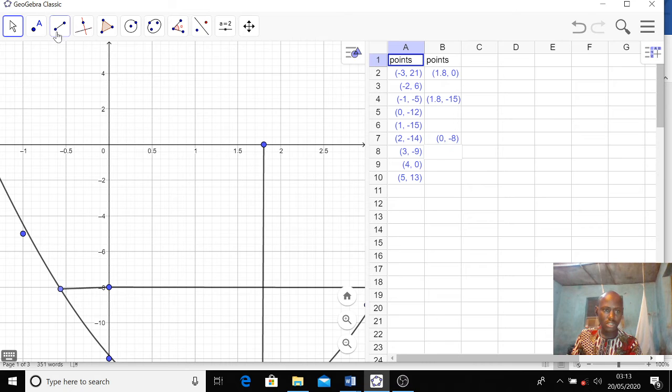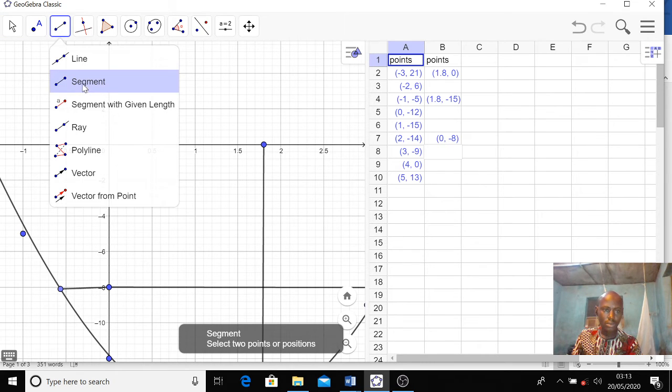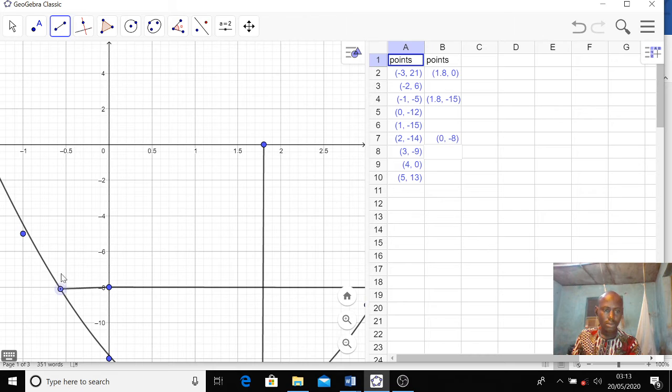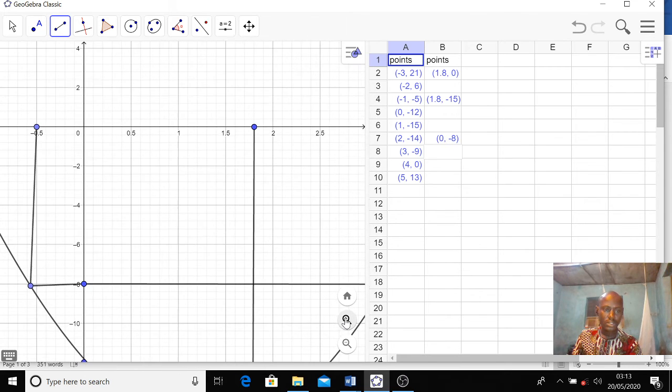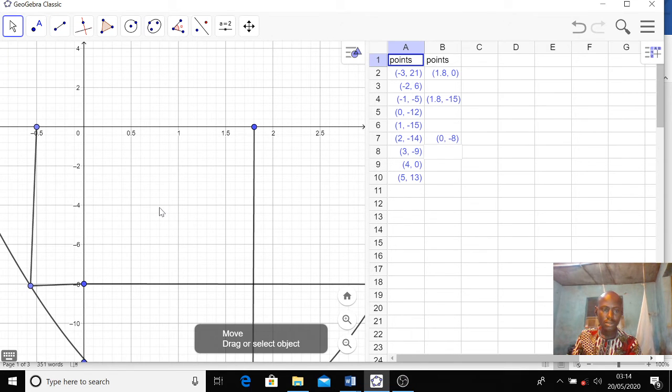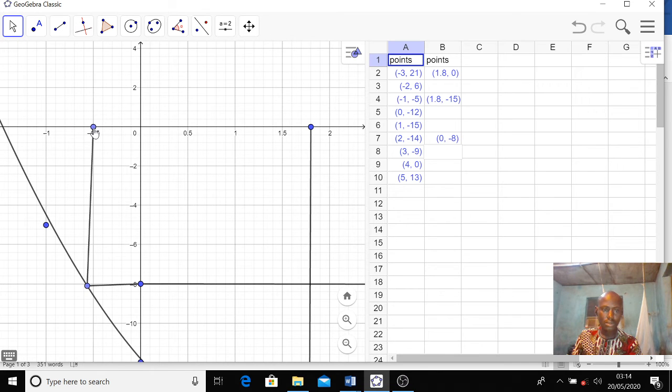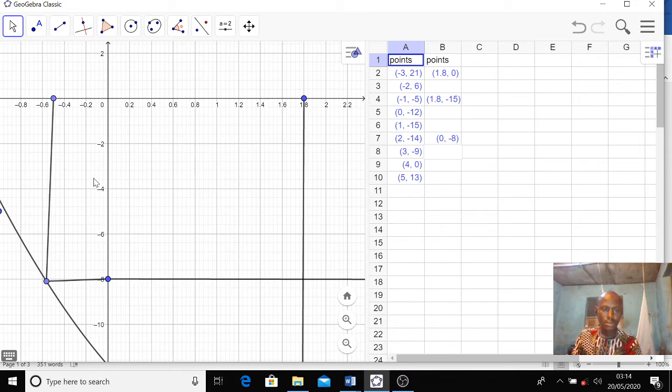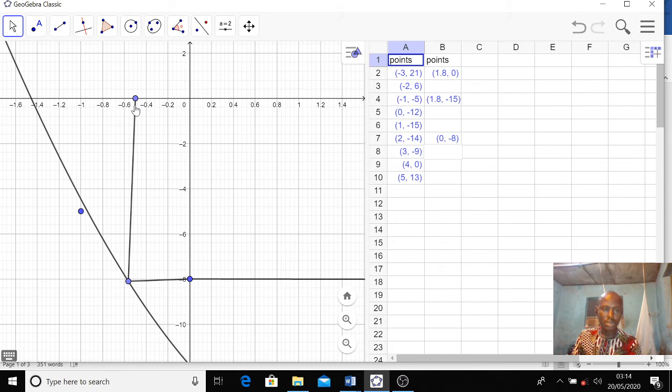That means we can draw this line up. It's not straight. So we can make it straight.